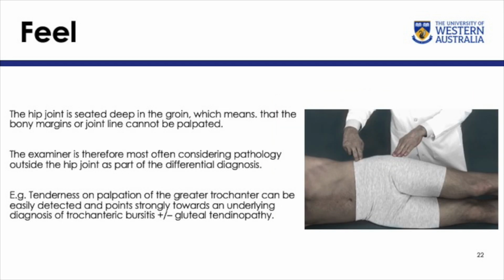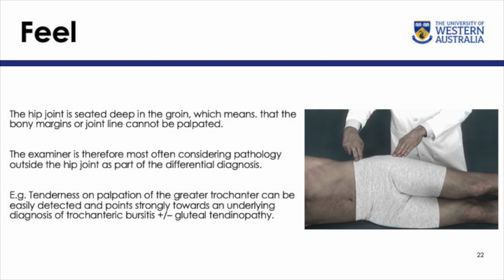The feel part of the examination is palpation. It is difficult to palpate the actual hip joint as it is deep in the groin, which means that the bony margins or the joint line cannot be palpated. The feel part is often considering other pathology outside the hip joint, which is part of the differential diagnosis.